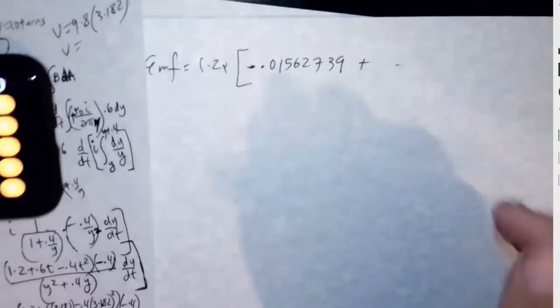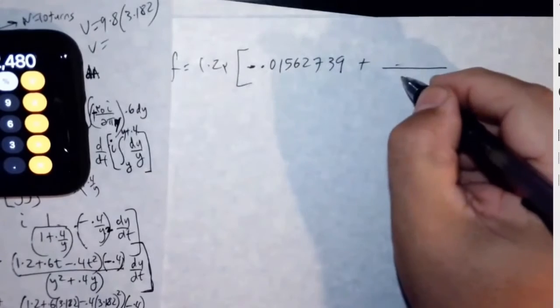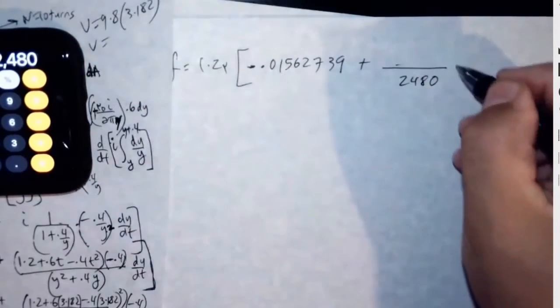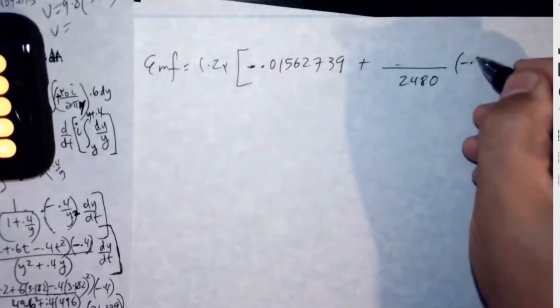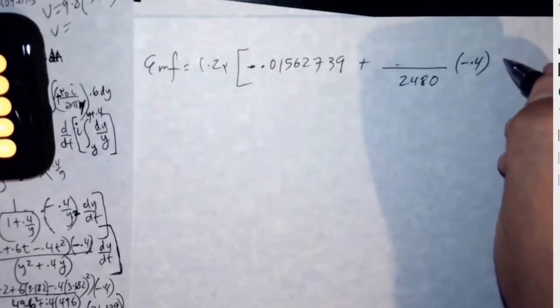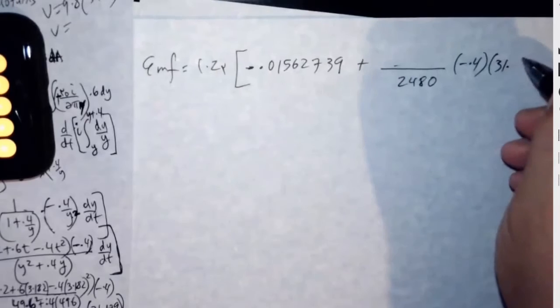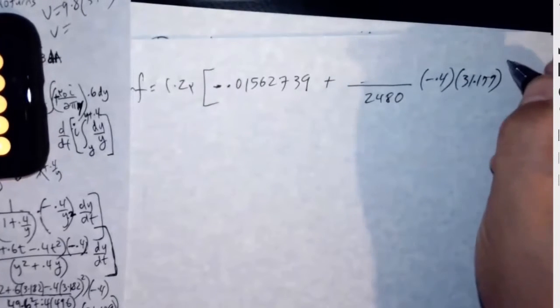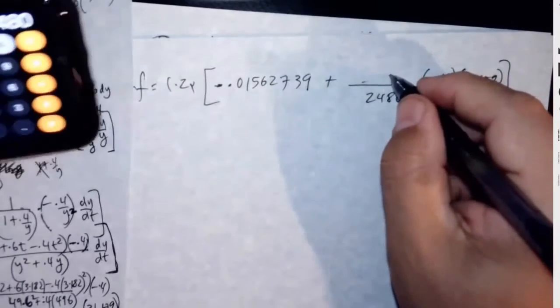Ooh, that one became really large. 2,480. Then on top I have negative 0.4 times 31.179. And now let's see what this top thing comes out.